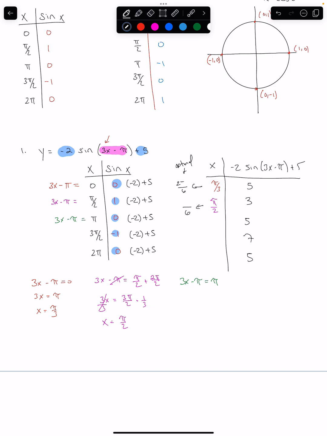So this is really 2 pi over 6, which is pi over 3, and this is 3 pi over 6. If you notice, I'm adding pi over 6 each time. So to get to the next one, I go from 3 pi over 6 to 4 pi over 6, 5 pi over 6, and then one more, 6 pi over 6.